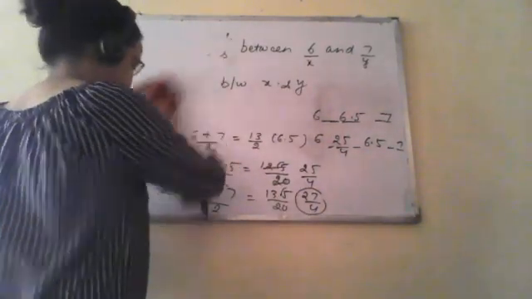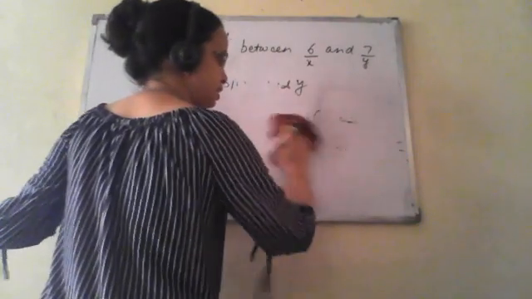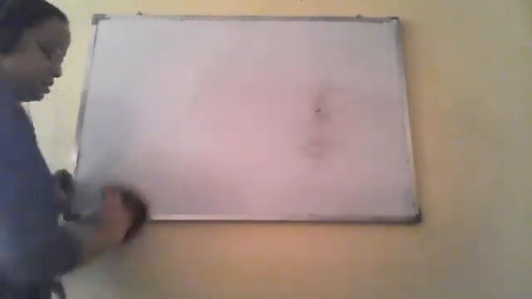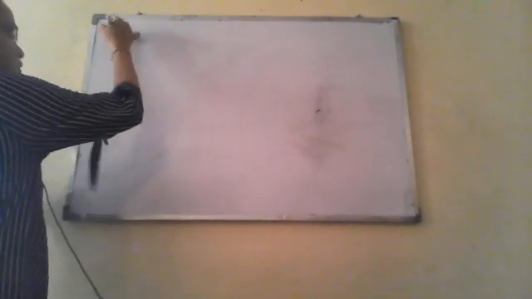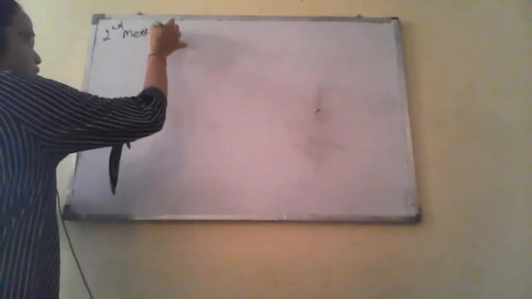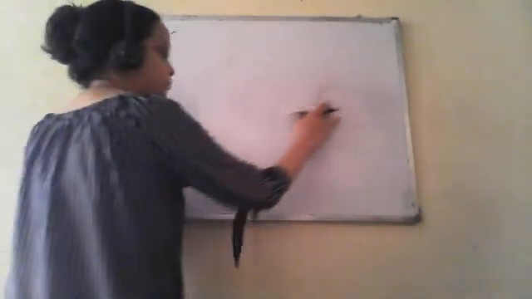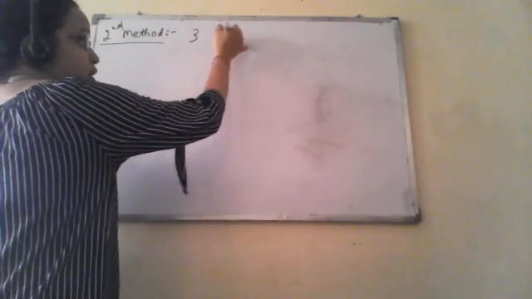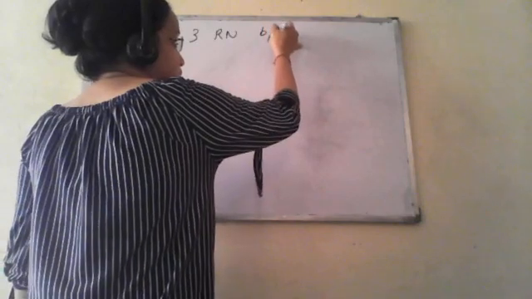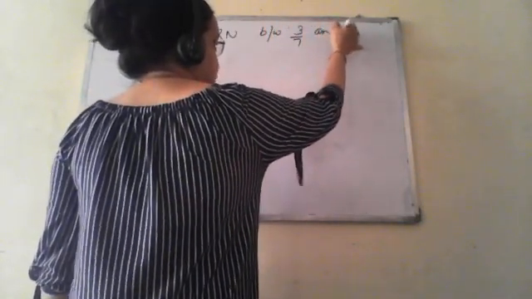Now what else can be done? The second method. Suppose we have to find three rational numbers between 3 upon 7 and 4 upon 7.